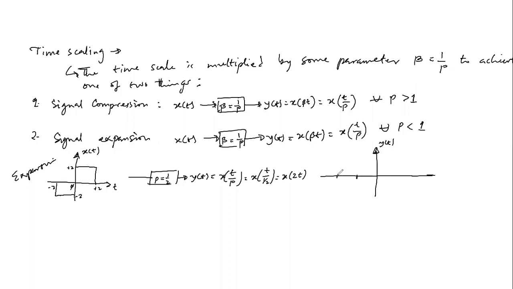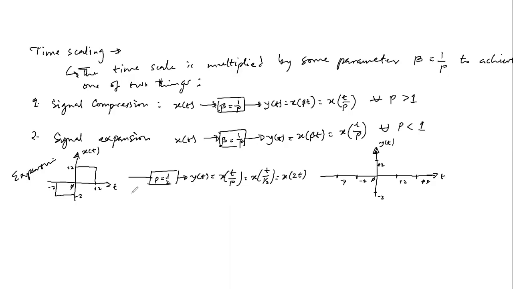This is 4. This is 2. This is 4. Okay. So this is amplitude of 2. It's another amplitude of 2. So here we have minus 2. Here we have positive 2. So this 0. This minus 2. This is minus 4. This is positive 2. This is positive 4. And this is t.